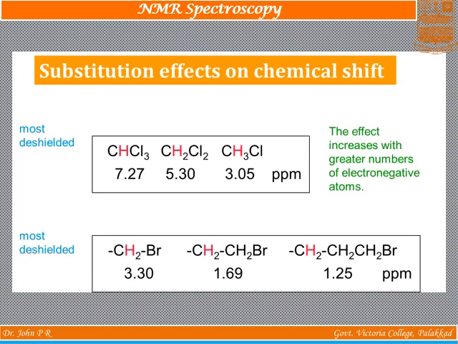So if bromine is connected to the carbon which carries the hydrogen under examination, the value is nearly 3.3. If we move the bromine to the next carbon, the value gets reduced to 1.69. So the electron withdrawing effect of bromine is reduced.